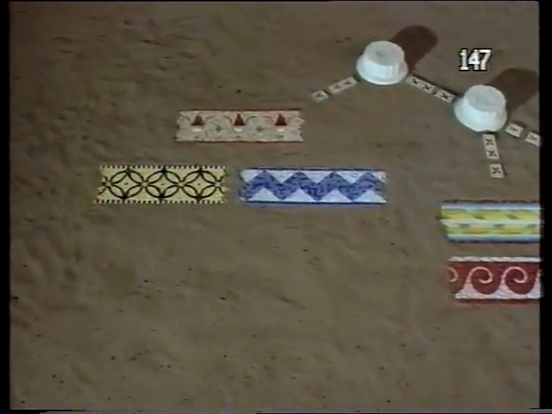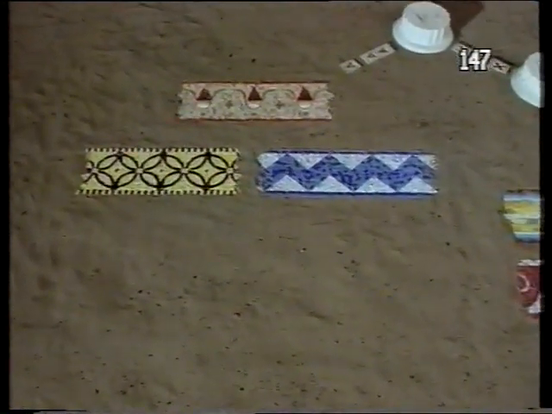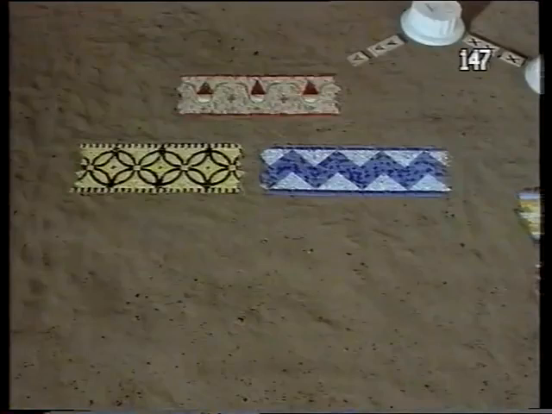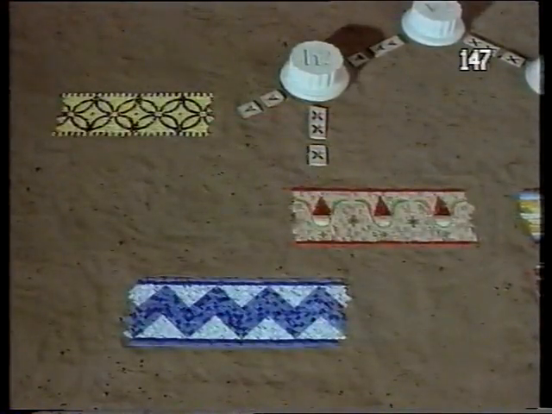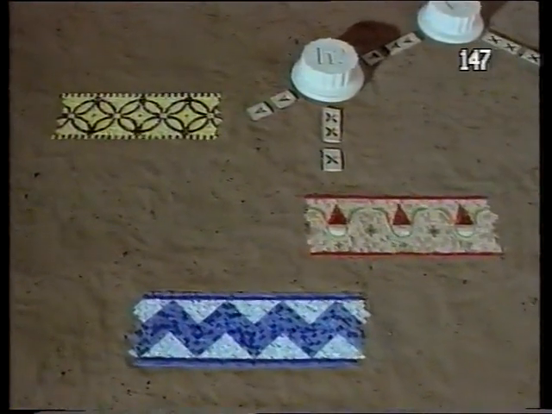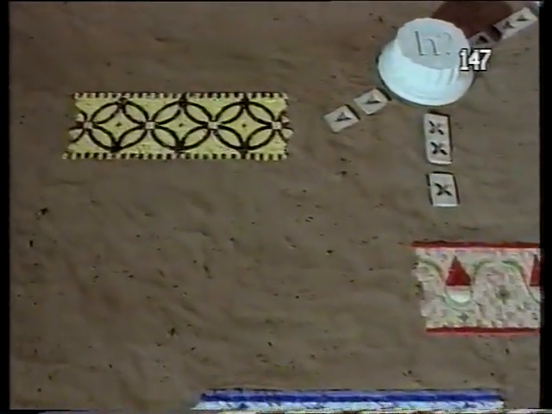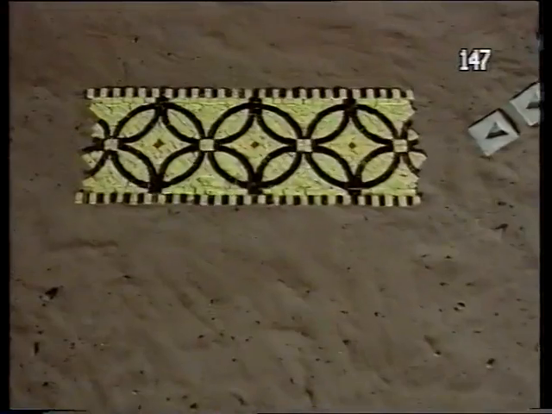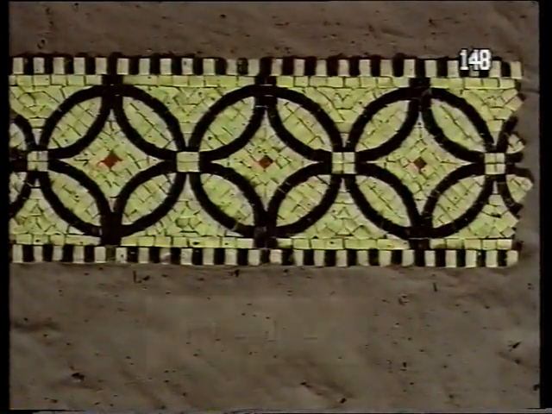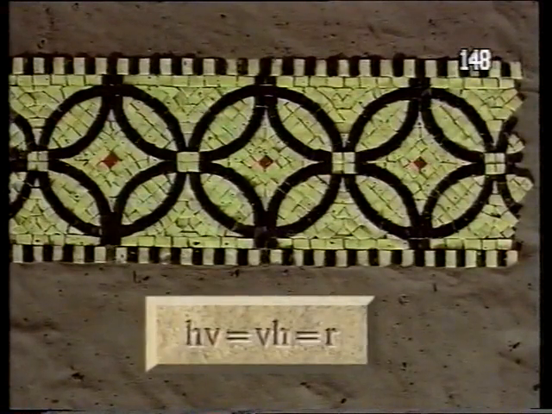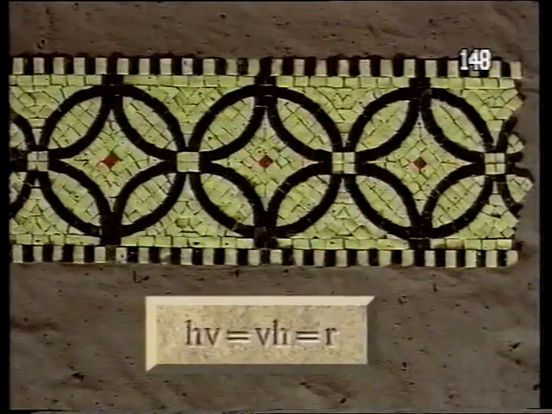They already have vertical reflections, but we can still look for horizontal reflections. Again, that splits them into two more classes. And in this case, where we have both vertical and horizontal reflections, we find an additional relation. The reflections composed in either order give a rotation through half a turn.